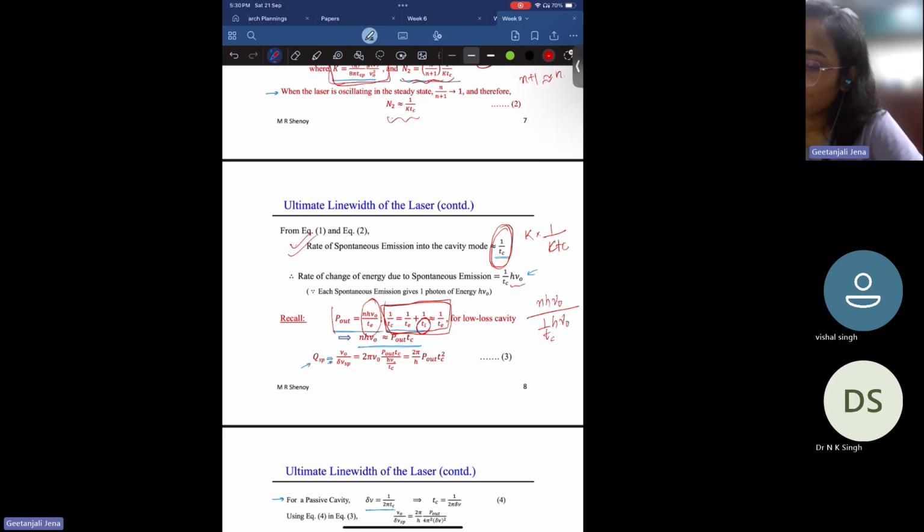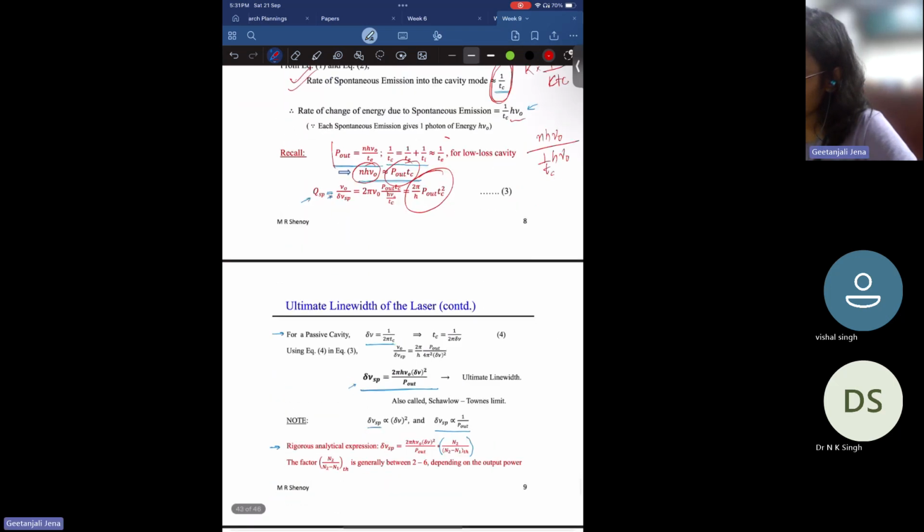So from this we calculated one parameter: the numerator part, n h nu zero, equals P out times Tc. So that means Q for spontaneous emission is given by nu 0 divided by delta nu SP. And by putting all of these values, we can calculate QSP as this term.